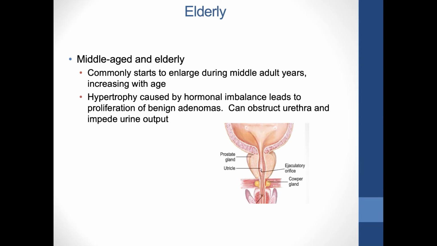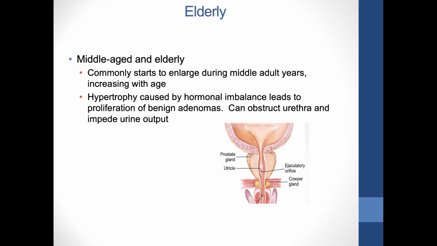The hypertrophy, as we know as BPH, benign prostatic hypertrophy, is caused by a hormonal imbalance, and this leads to the proliferation of benign adenomas, and that's why it's benign prostatic hypertrophy. But this can cause urethral obstruction.